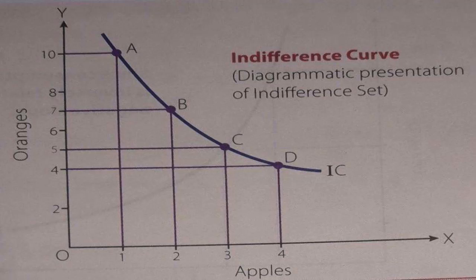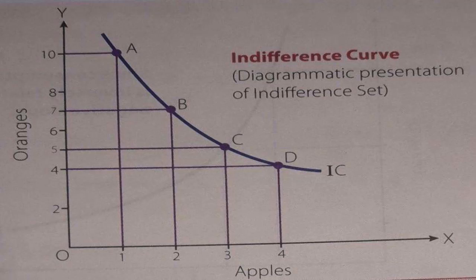Combination A: apple 1 and oranges 10. Combination B: apple 2, oranges 8. According to this table, we draw a graph, and we can see the graph is downward sloping from left to right, and it's also called a negatively sloped line.